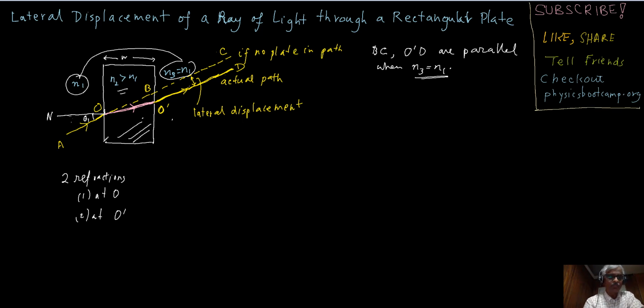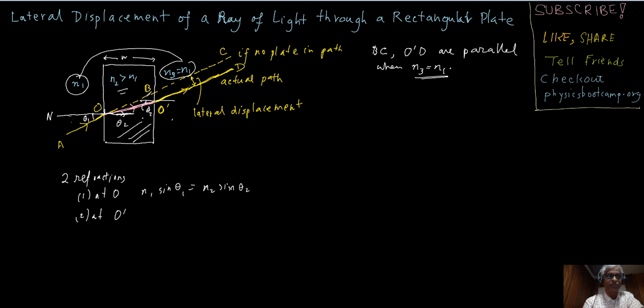Well, if you look at O, you have N1 sine theta 1 equal to N2 sine theta 2, if this is the same normal, so let's call this theta 2. And over here you draw a normal again, because these normals are parallel, so this angle will be equal to theta 2 again.